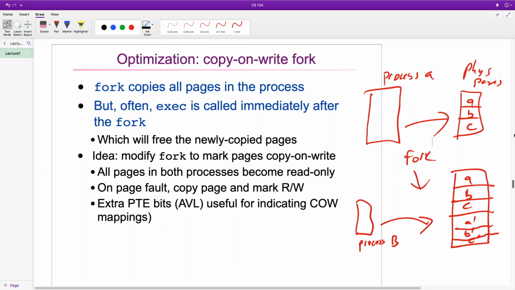The problem is, Gabriel, what often happens after a fork? What system call? Yeah, one of the execs, right? One of the many in the exec family.